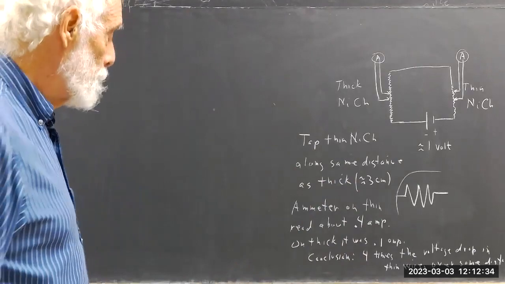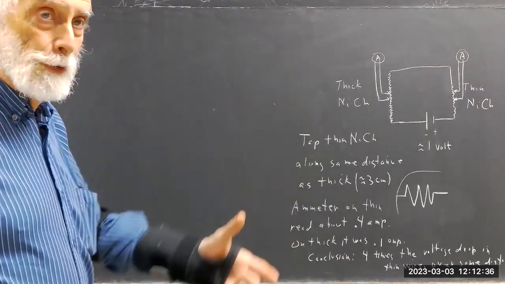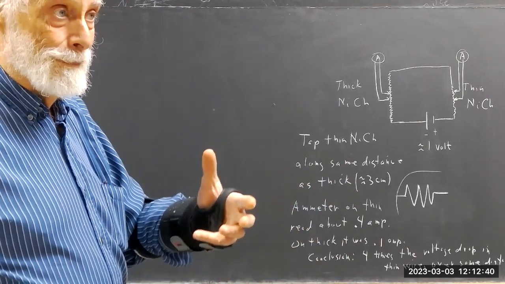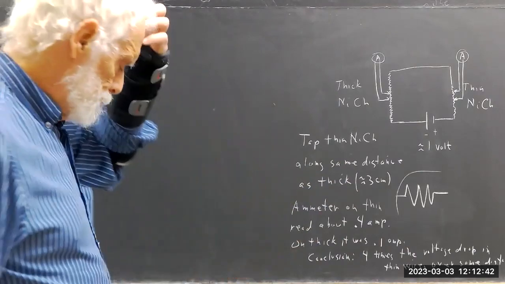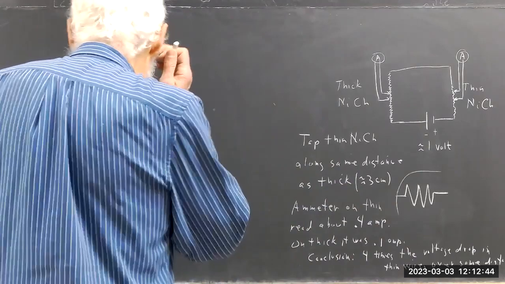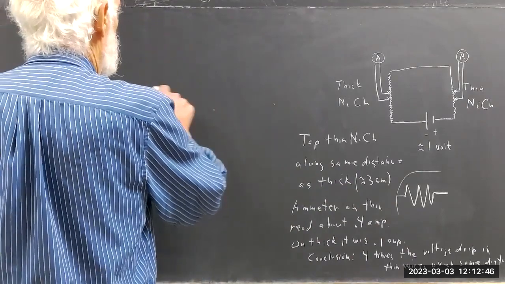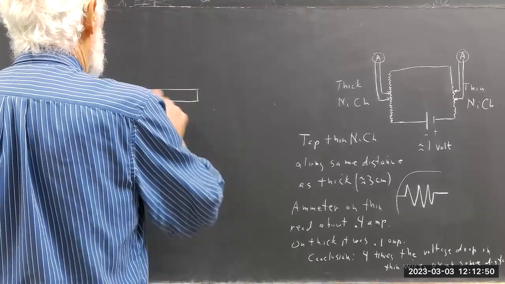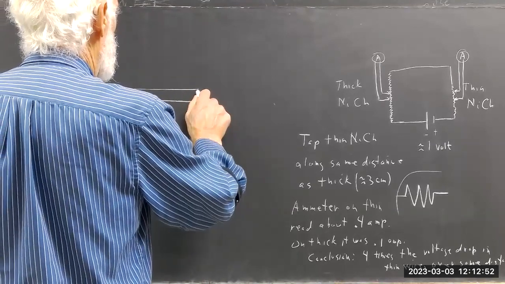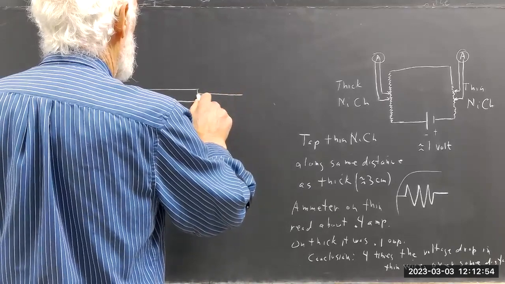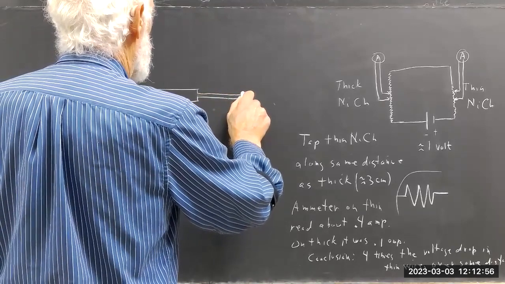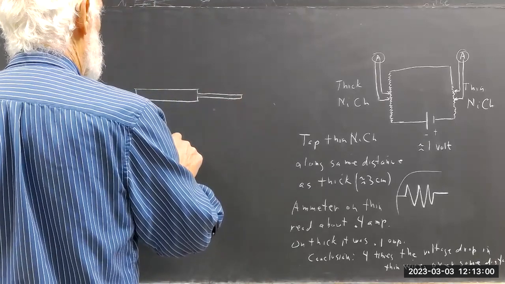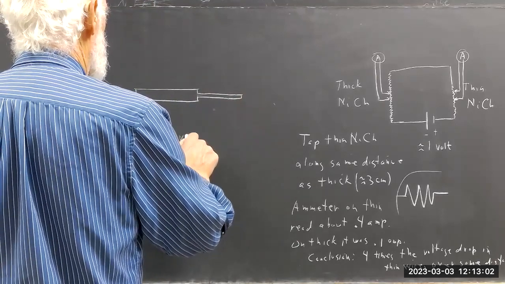Now, what's going on here is when you do the experiment, it helps to have a picture of what's happening. Okay, so let's just say we've got a length of thick wire and a length of thin wire, and we got some voltage across this. Let's say we got 1 volt.